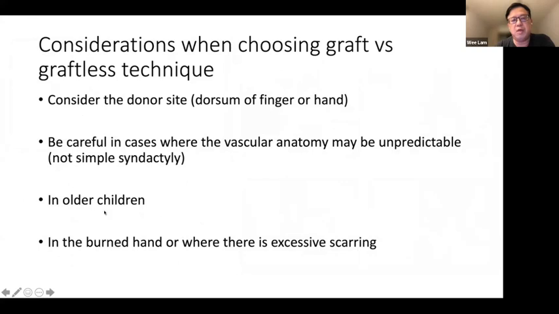In older children, again, I'm very careful about using the graftless techniques because the fingers have grown and the morphology in the fingers of an older child is different from that of an infant. And often I find that the skin doesn't stretch as much, and I would need skin grafts to cover raw areas. And also in the syndactylized burn hand, or where there is excessive scarring, I think it's important to consider maybe a graft technique rather than a graftless technique.